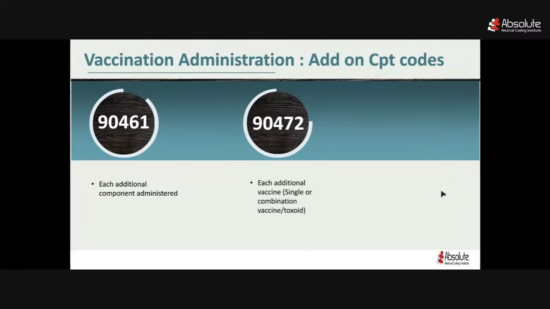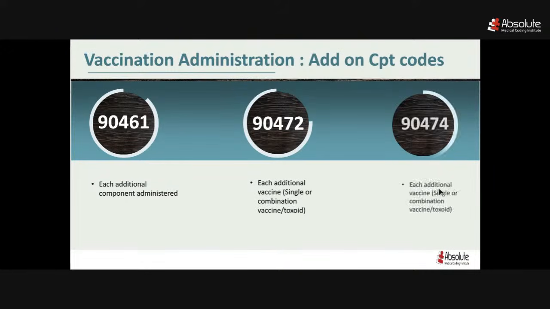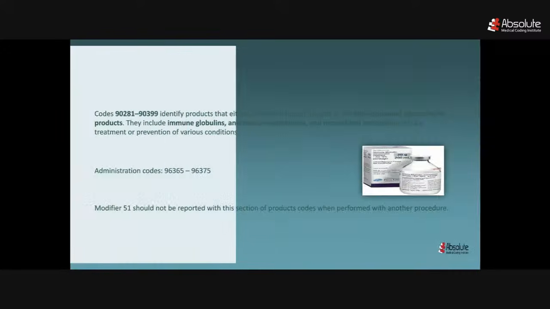And then we have 90474, which is also used for each additional vaccine when no counseling is provided. So coders, it is very important to know whether counseling has been provided or not, the age group of the patient, as well as the route of administration. Okay, so let's move on.